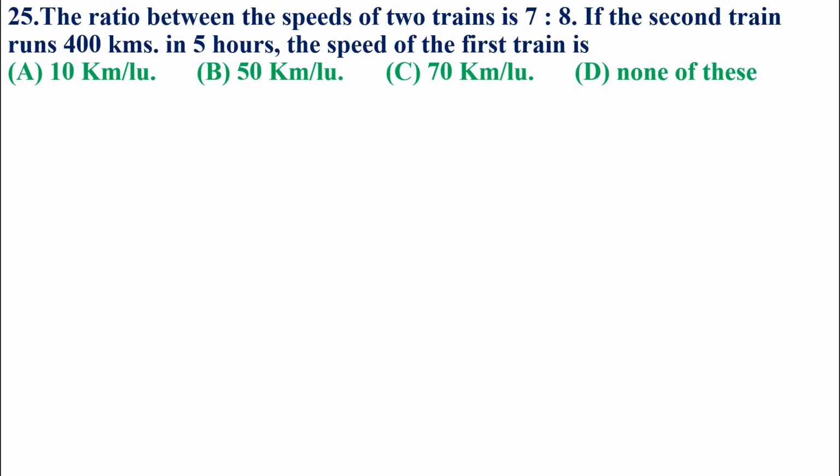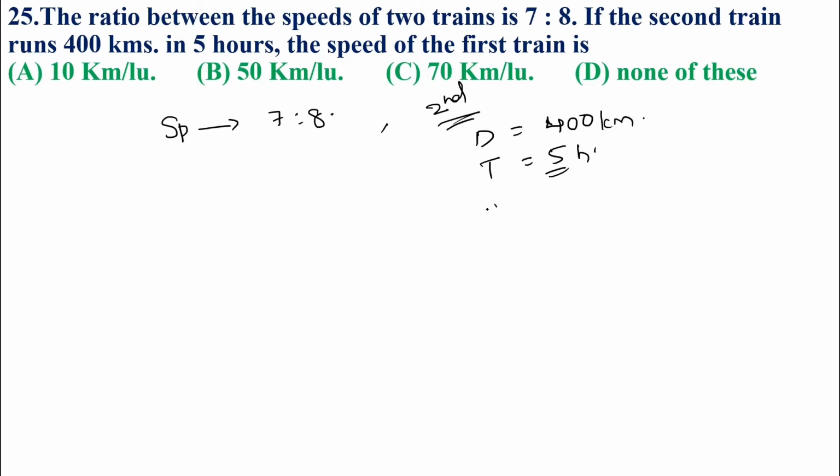The ratio between the speeds of two trains is 7 is to 8. If the second train runs 400 kilometers in 5 hours, so the second train distance is 400 and the time is 5.